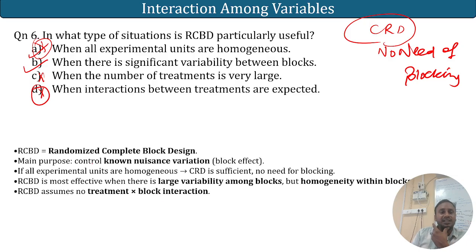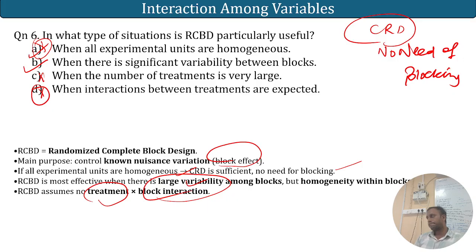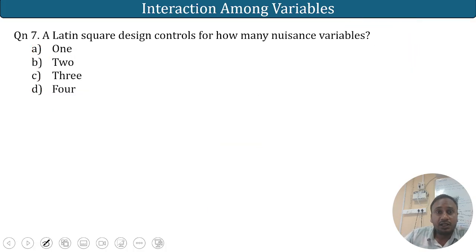So RCBD is actually for the block effect. If all experimental units are homogeneous, CRD is sufficient, no need for blocking. RCBD is most effective when there is large variability among the blocks but homogeneity within the block. RCBD assumes no treatment-block interaction. Is it? Yes, sir. So this part is clear.